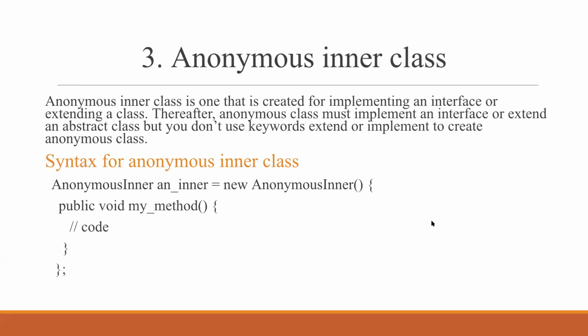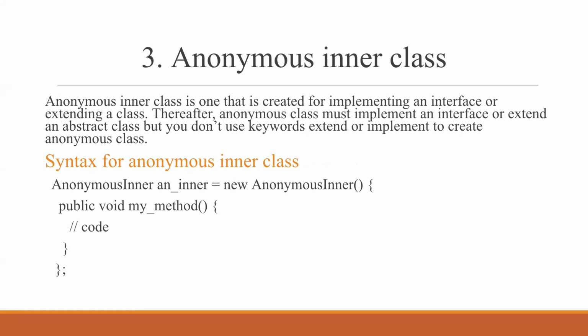Next, we are going to look at an anonymous inner class. So far we have finished two: member inner class and static member inner class. An anonymous inner class is one that is created for implementing an interface or extending a class.